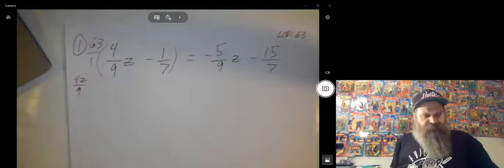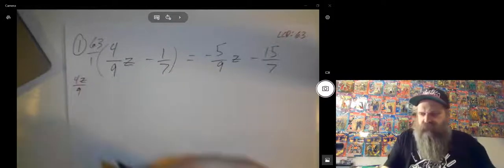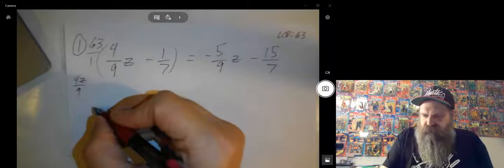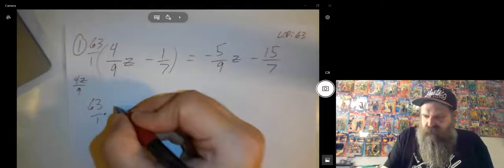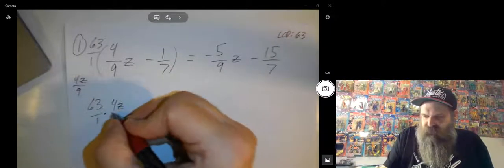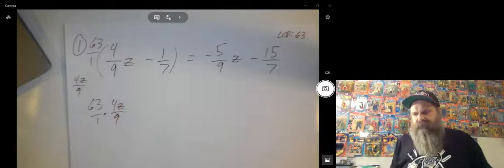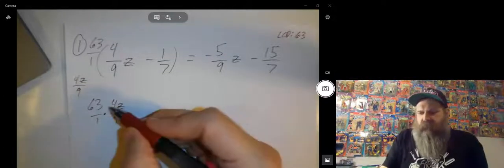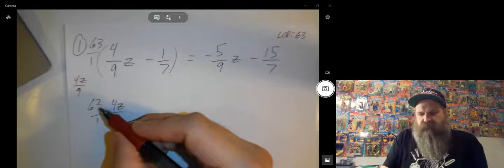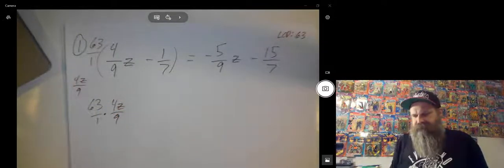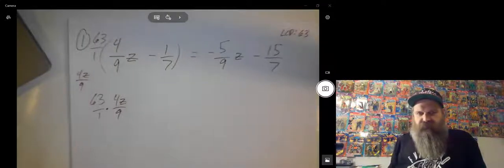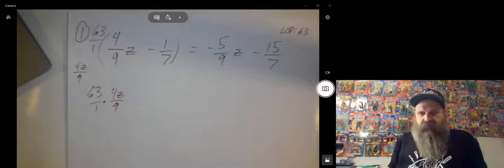So I'm going to take 63 times 4z over 9. And we can do this diagonal simplification, or you can wait until the next step and just divide it in the calculator.